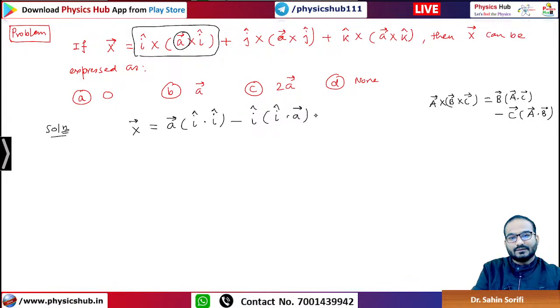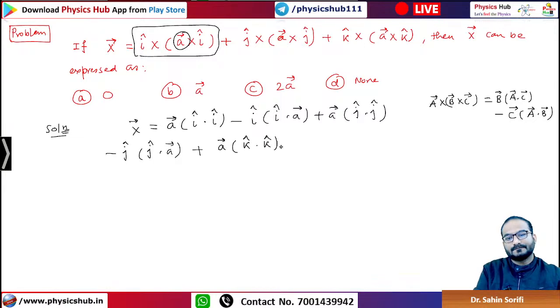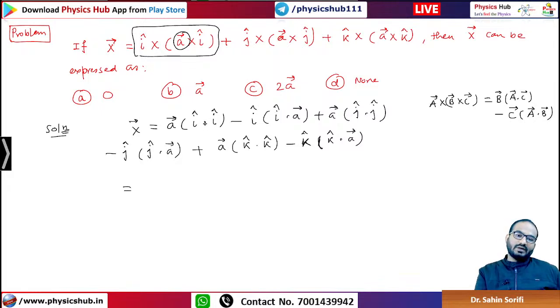In a similar manner we can write for j cap, and we can write for k cap as well. So in this way we can express this. I cap dot i cap, we have already told you, this value is 1.